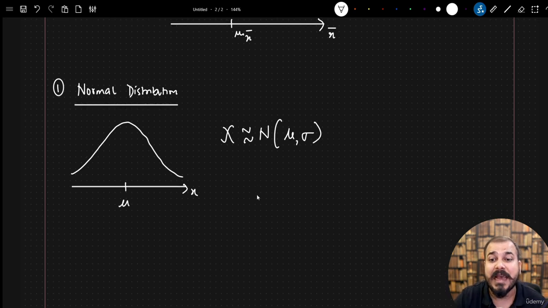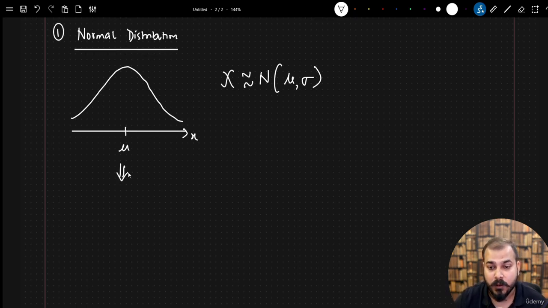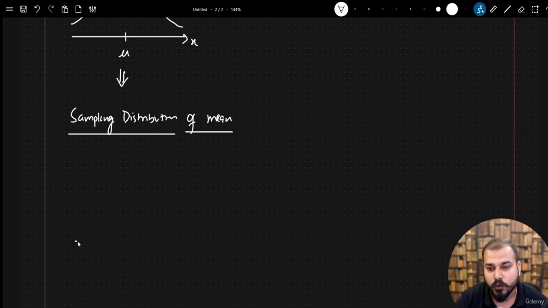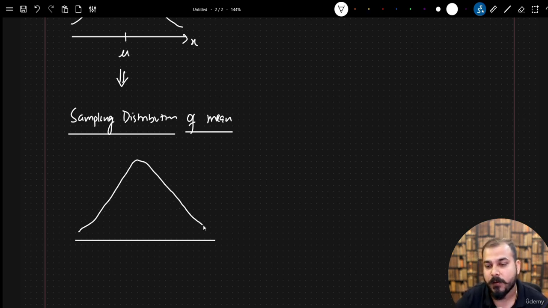But once we do the sampling distribution of the mean out of this, with some small n value, and plot these means, it will again follow a bell curve.